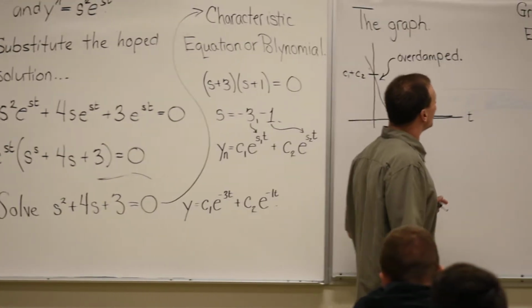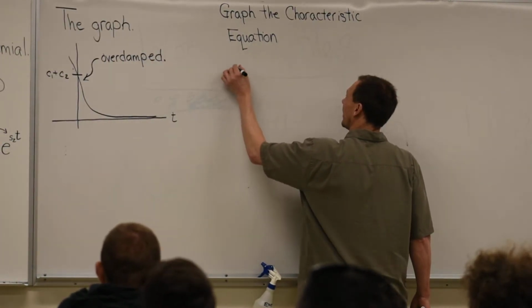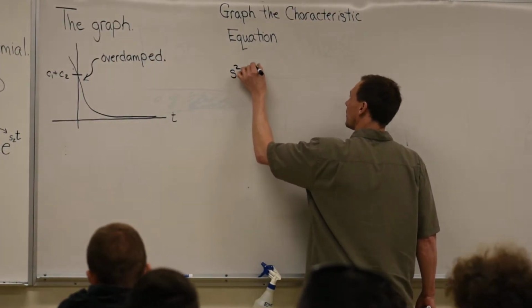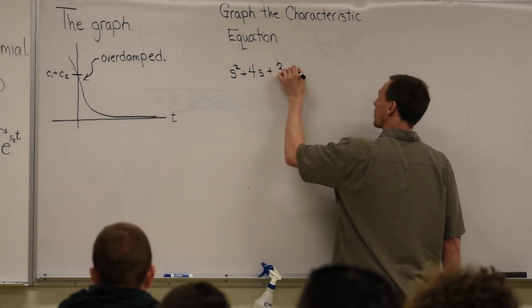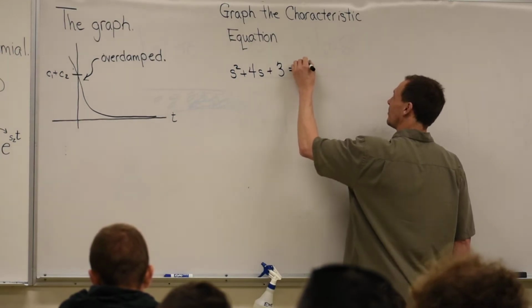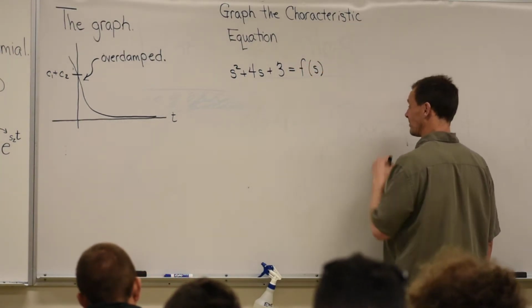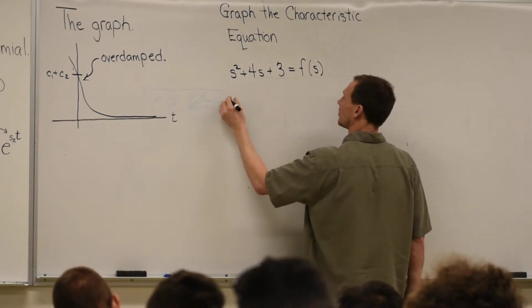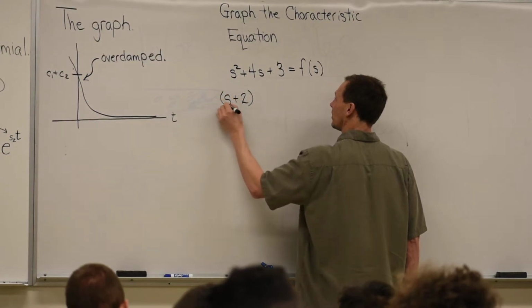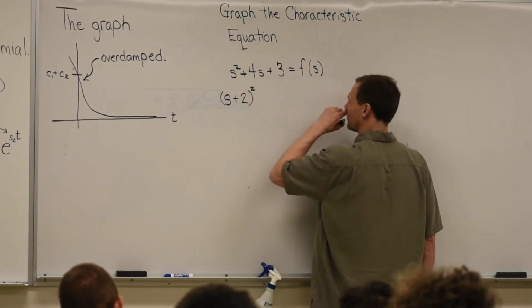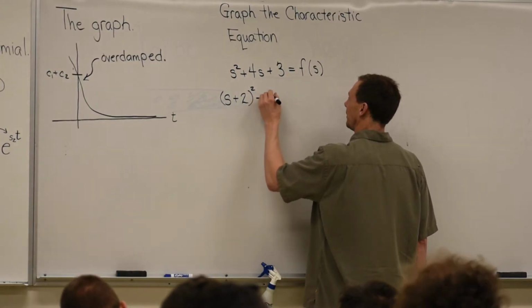So if I had s squared plus 4s plus 3 as some function of s, and if I complete the square, this becomes s plus 2 squared minus 1.